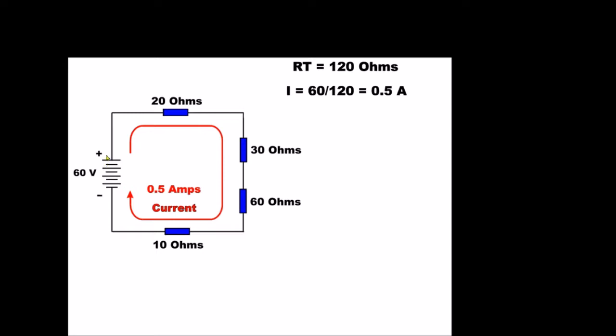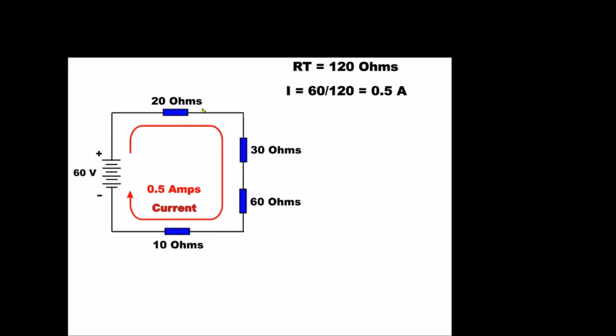So our current is going to flow through all 4 of those loads at the same time, and through our battery. This battery is not going to see 4 individual loads.